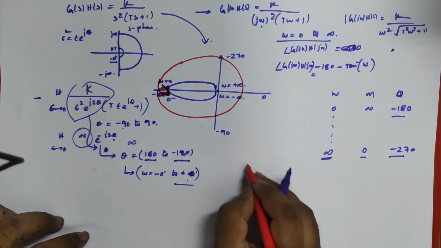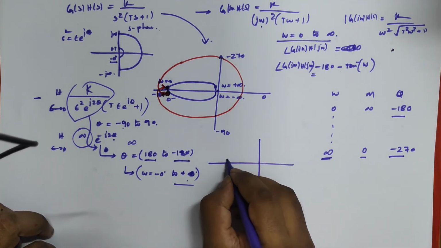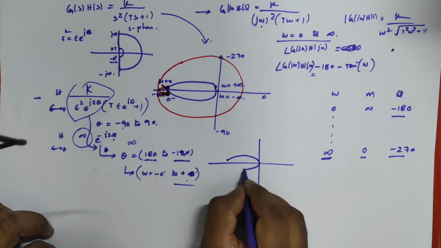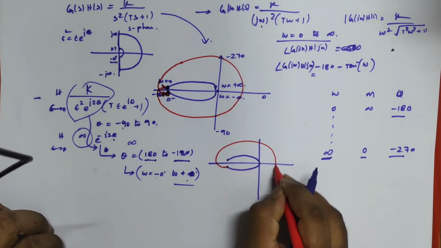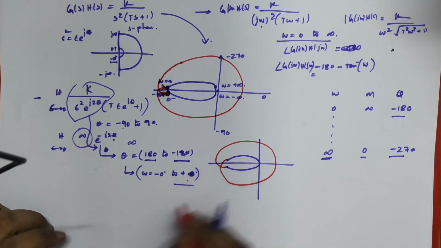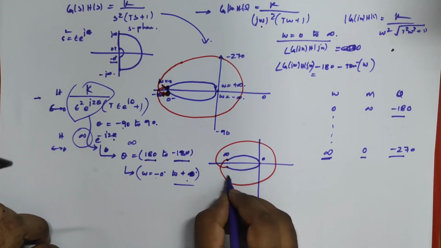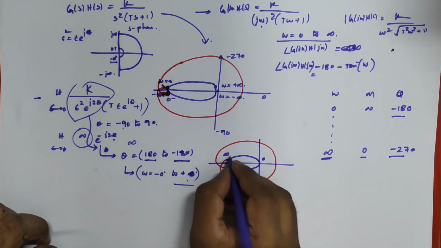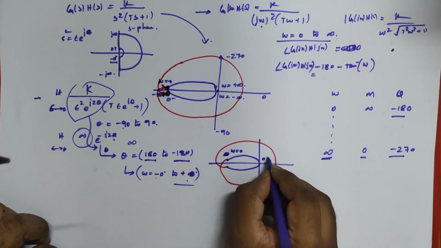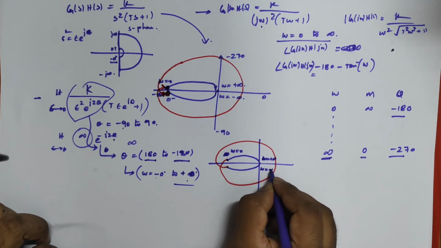If I draw like this, this is my actual plot. This is the infinite point, this is 0, and this is magnitude infinite. But we are concentrating on frequency: omega equal to 0, omega equal to plus infinite, and this is omega equal to minus infinite and omega equal to minus 0.